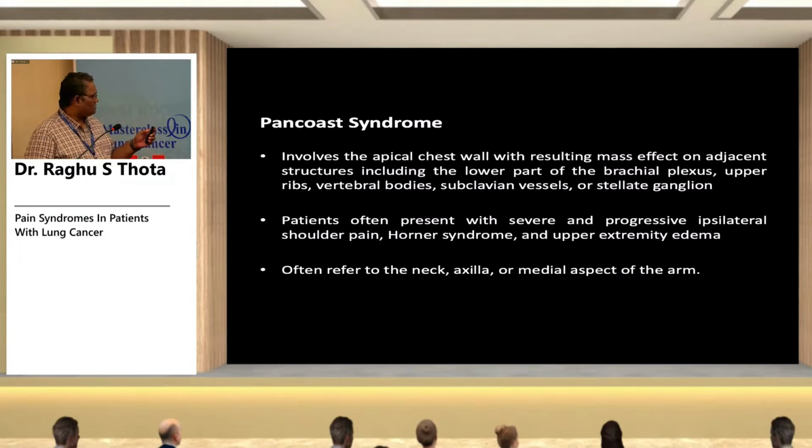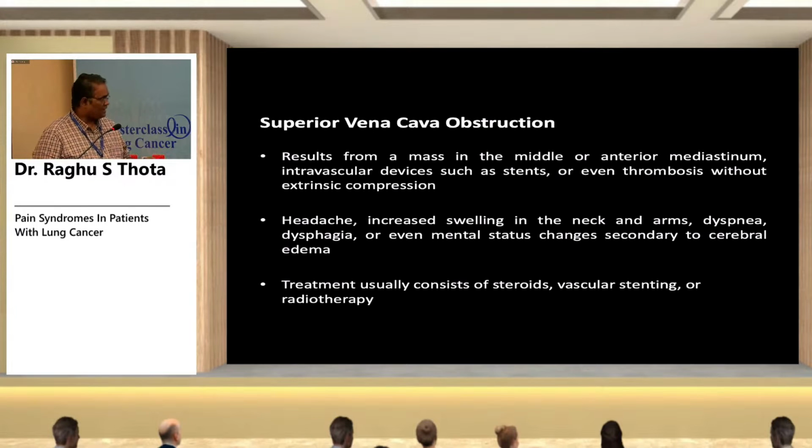Okay, and the patients often present with severe and progressive ipsilateral shoulder pain. Sometimes they do present with Horner syndrome if there is an involvement of the stellate ganglion, and upper extremity edema. Pain also often refers to the neck, axilla, or medial aspect of the arm. Coming to superior vena cava syndrome, it results from a mass in the middle or anterior mediastinum.